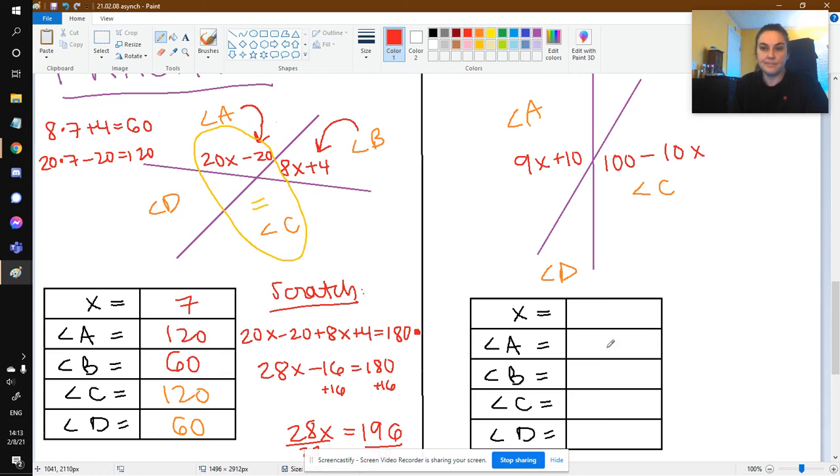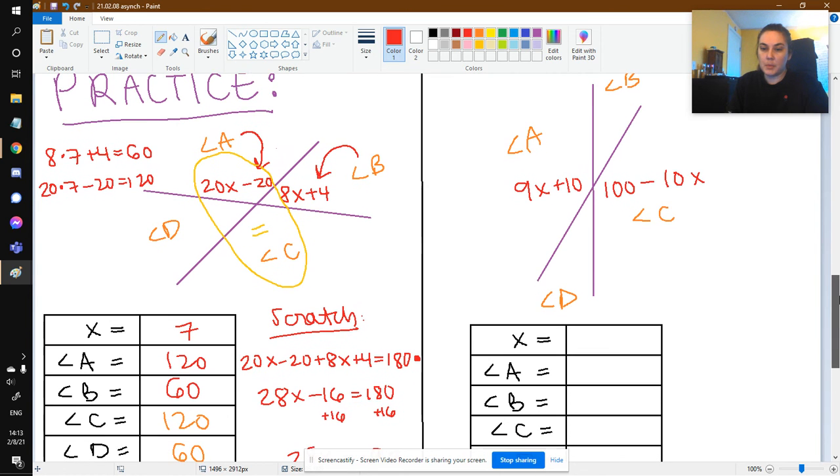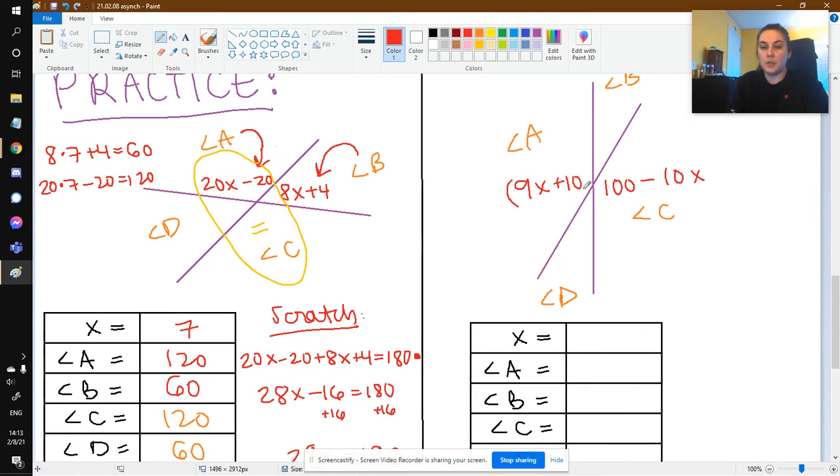All right, next example, we've got a similar thing, but the two angles we know are vertical angles. They're across from each other rather than linear pairs. So when we set up our scratch work, we get to say that 9x plus 10 is equal to 100 minus 10x.